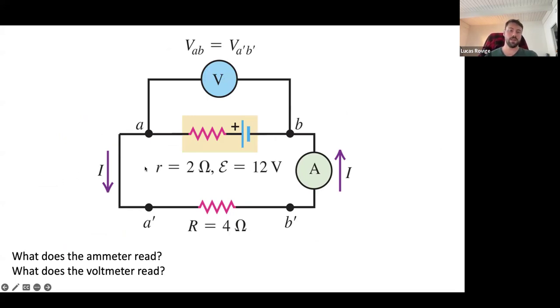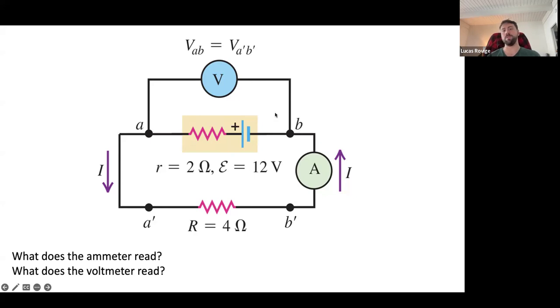Okay, let's apply this to a real life example from your textbook. Let's start getting a little bit more complicated than what we've seen until now. So we have an EMF source here with an electromotive force of 12 volts and an internal resistance of 2 ohms.